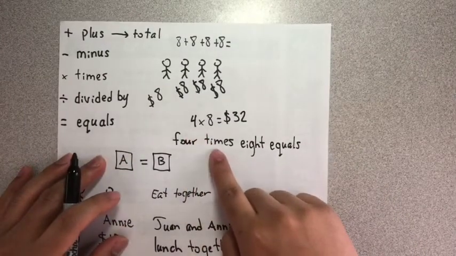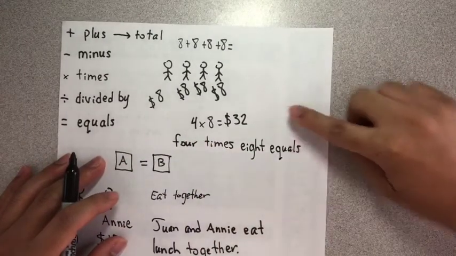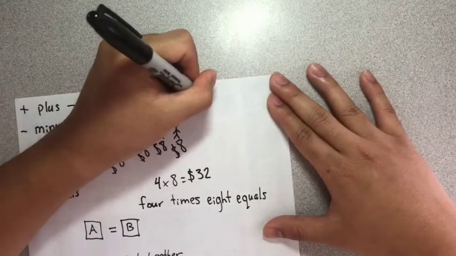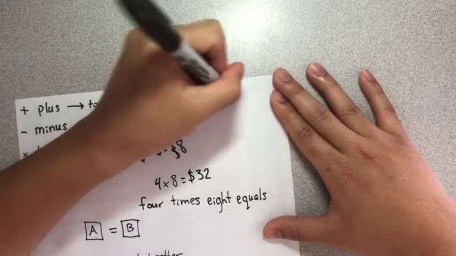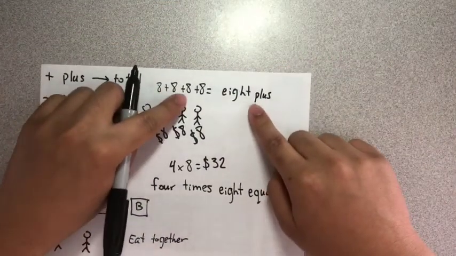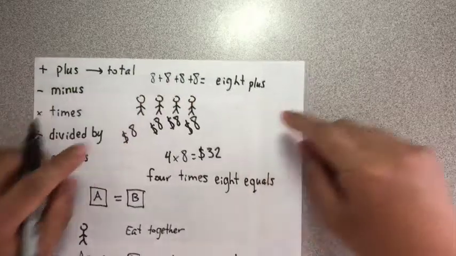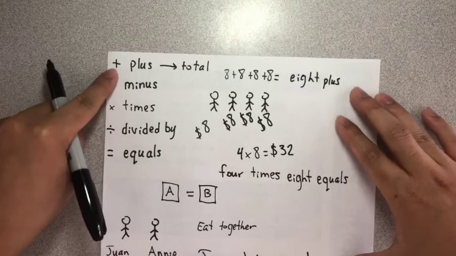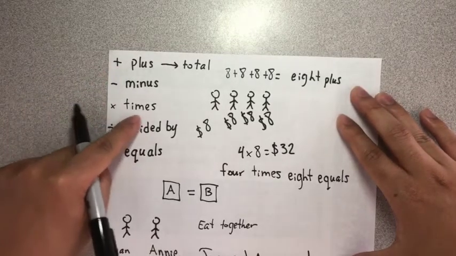Four times 8 equals $32. Or we can say 8 plus 8 plus 8 plus 8 equals $32. So that's how you say the plus sign and the times sign, or the multiply sign.